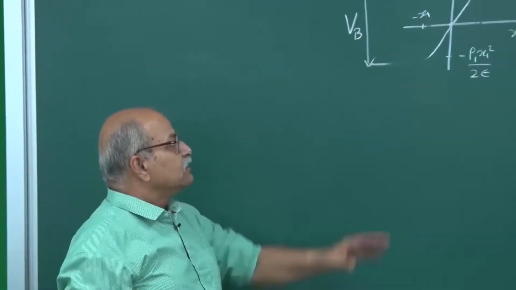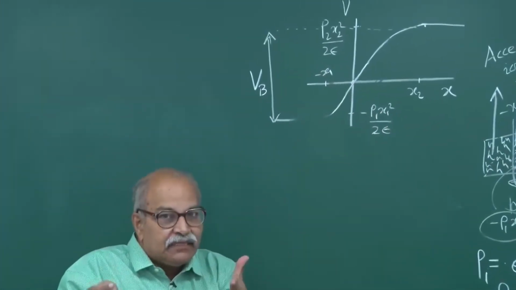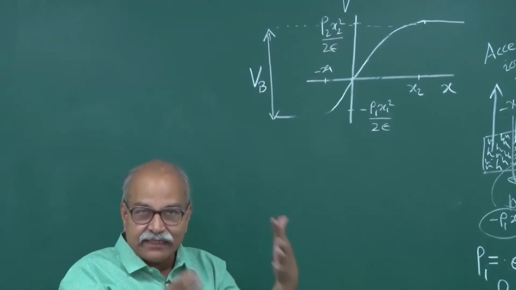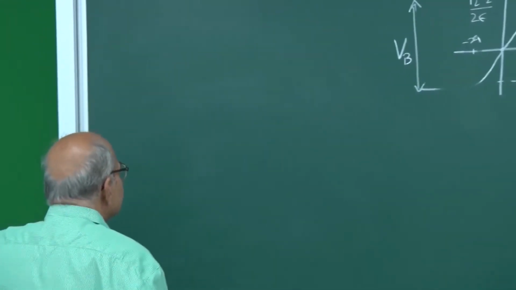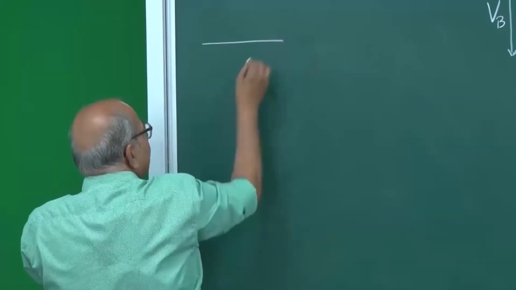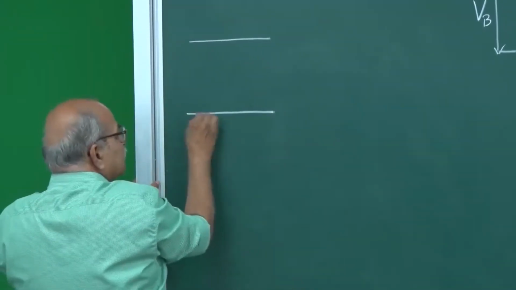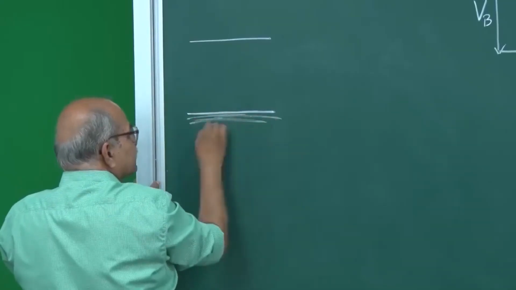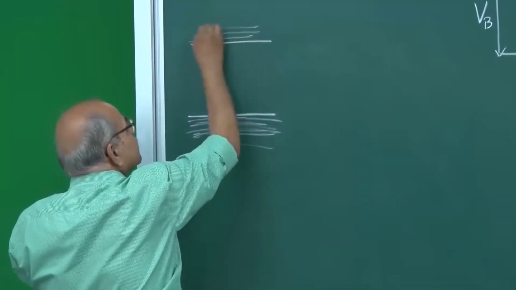So if there is no potential difference, you only have a p-type semiconductor and n-type semiconductor in the same original material, then the conduction band is here, the valence band is here. All these energies are valence band energies, all these energies are conduction band energies.